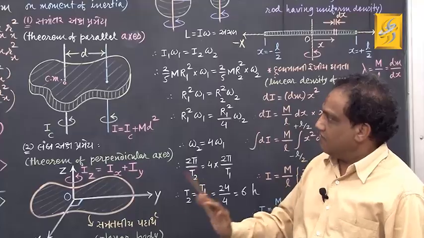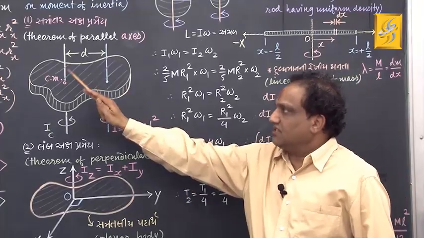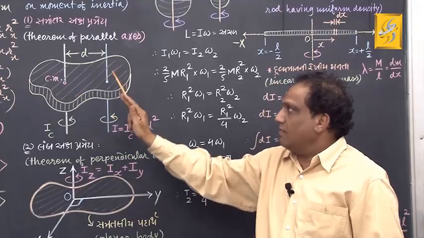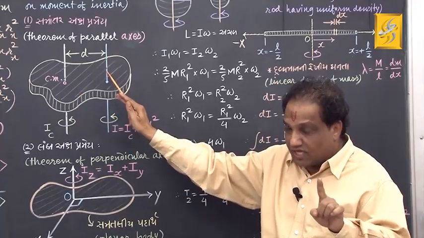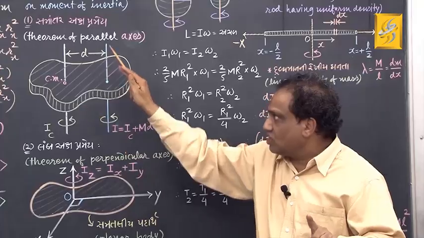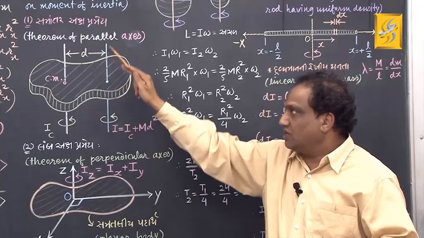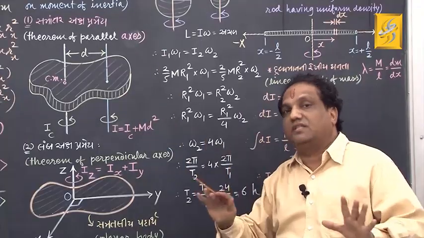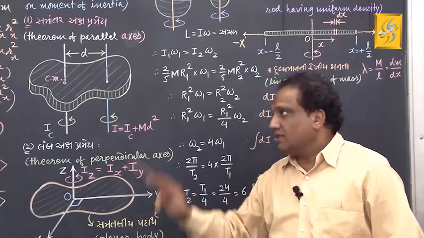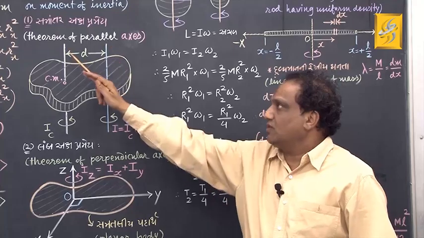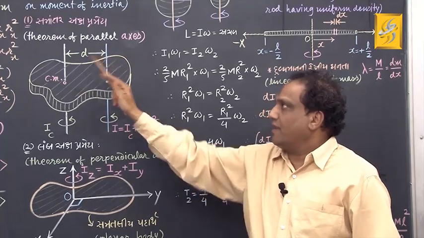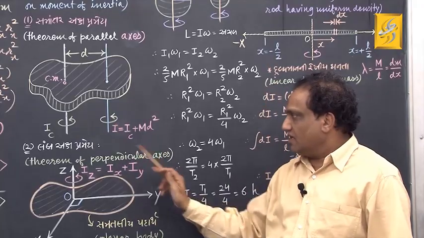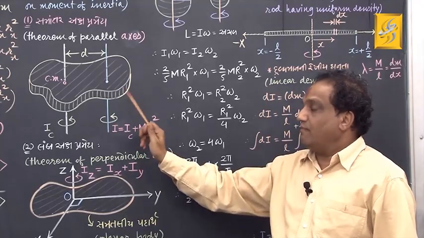The first axis definitely passes through the center of mass, but the second axis must be parallel to it; it may pass through the rigid body or lie outside it, no problem. The condition is they must be mutually parallel and the perpendicular distance between them is small d. This result is called theorem of parallel axis.